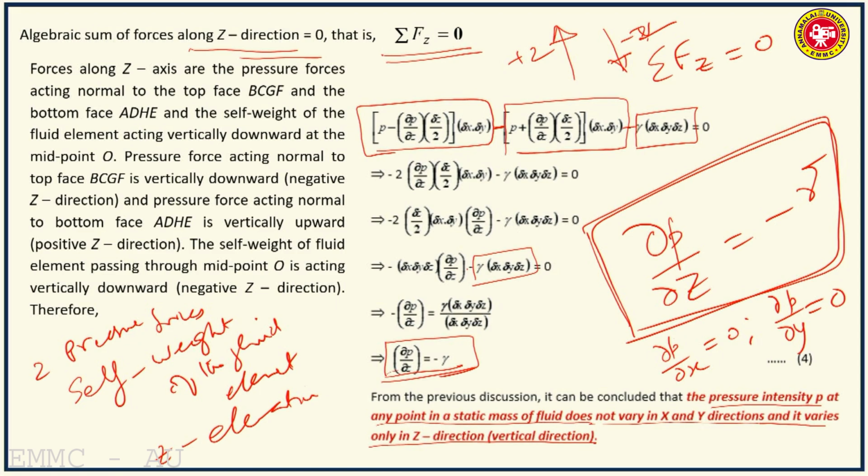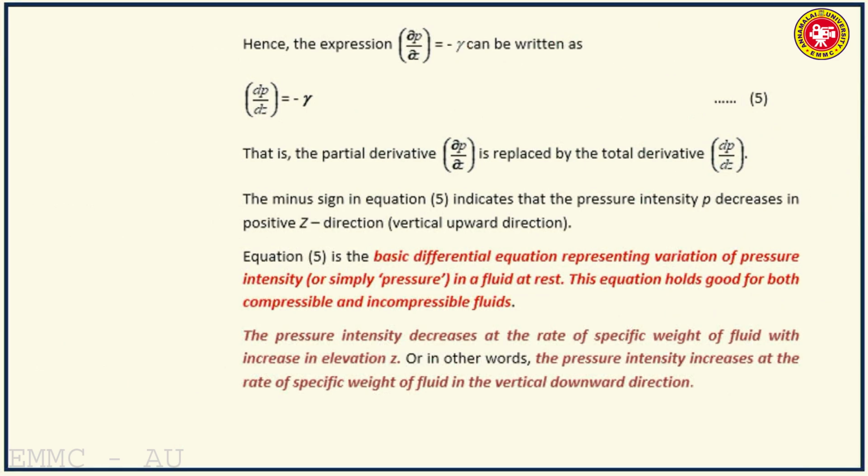So as z increases, when you go from bottom to top, the pressure of the fluid decreases. At what rate? At a constant rate equal to specific weight of fluid. That is why minus. It is decreasing. So the minus sign signifies that the pressure decreases with increase in elevation at a constant rate equal to specific weight of fluid.